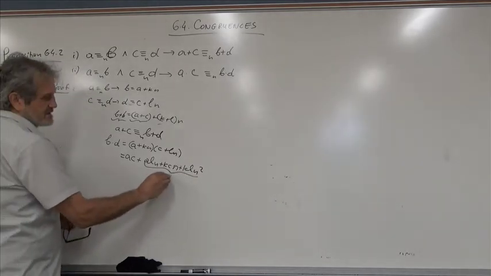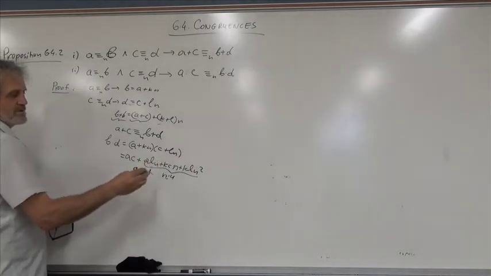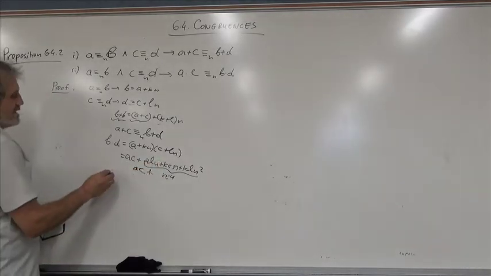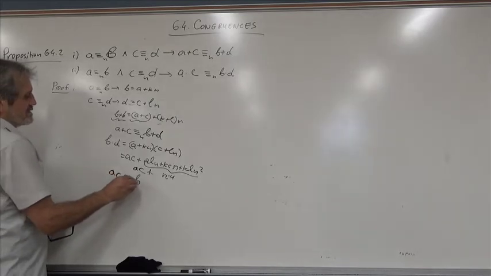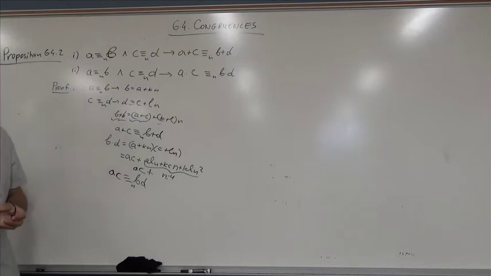This is n times U, so AC plus n times U, because I can factor out n. So AC is congruent with BD modulo n. So it's a very easy proof, but it is a very important fact, because of this fact, we can actually calculate remainders in a much more efficient way.